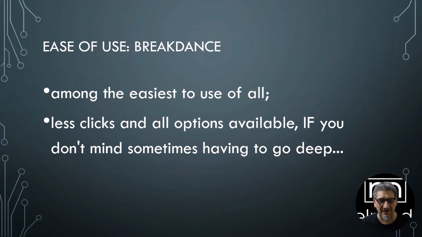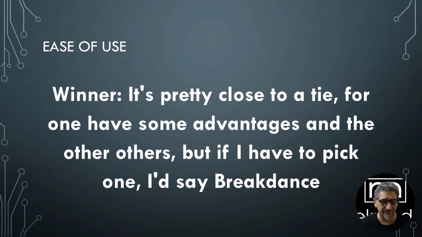Of course, there are fewer clicks and all options available, just like I mentioned. When you click something, it has it automatically where you are, and also shows the properties right away of that element. You don't have to click it again, just like in Bricks, for example, if you don't mind sometimes having to go deep. Because like I said, it has all the options, but sometimes you have to do 4 or 5 clicks to go to that specific option that you want. But the things that you use frequently are faster and easier to use.